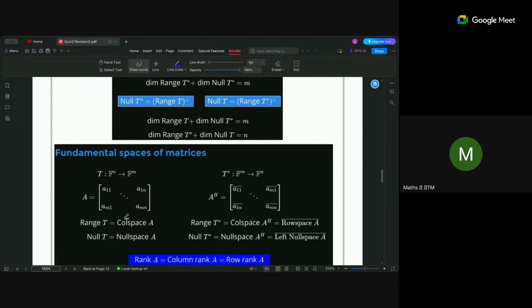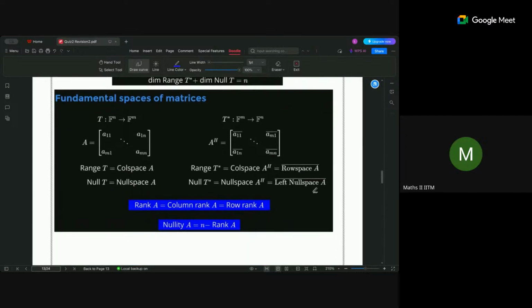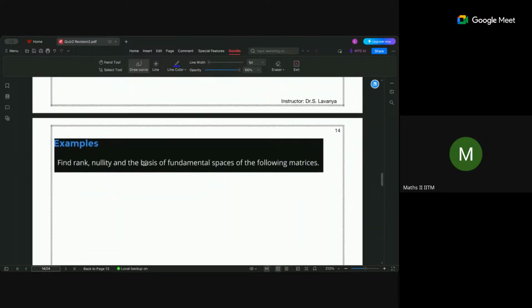The column space, the row space, the null space, and the left null space. These are the fundamental subspaces of a matrix. So find the rank, nullity, and basis of the fundamental subspaces of the following matrix.